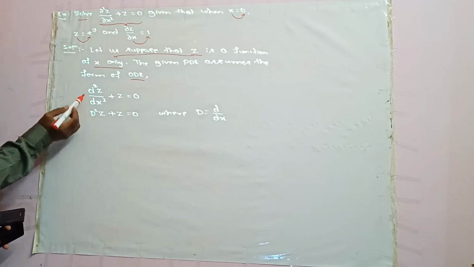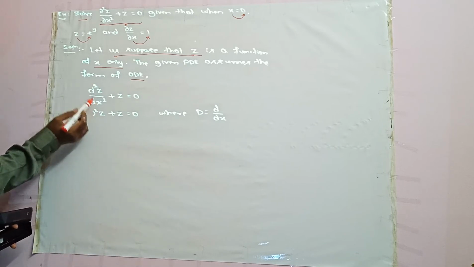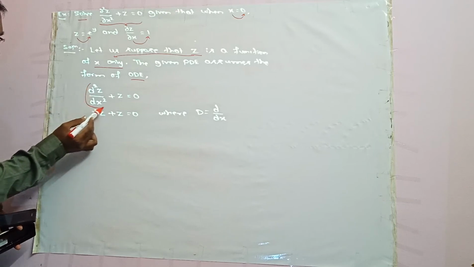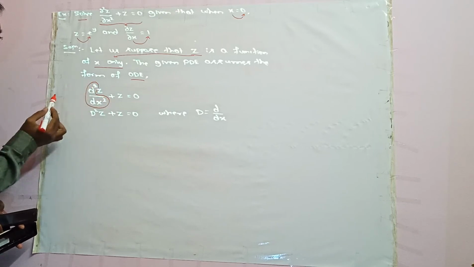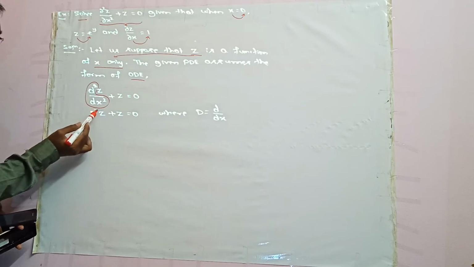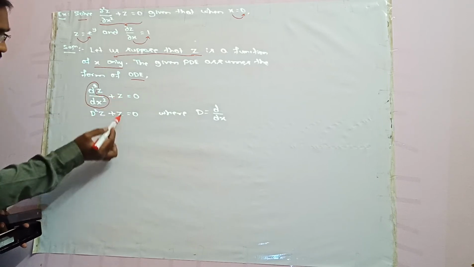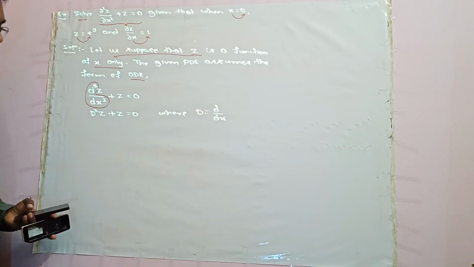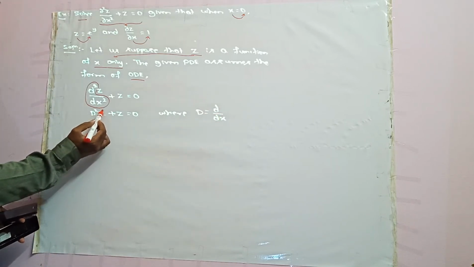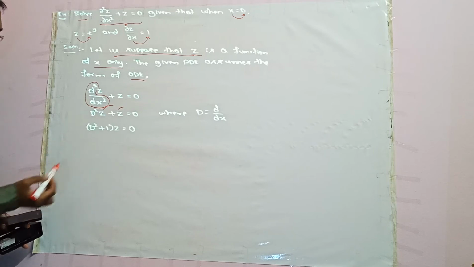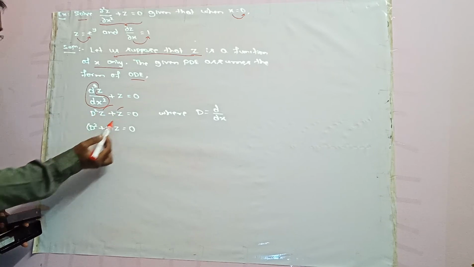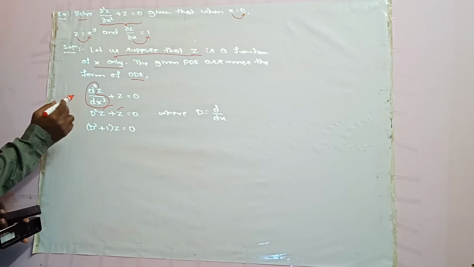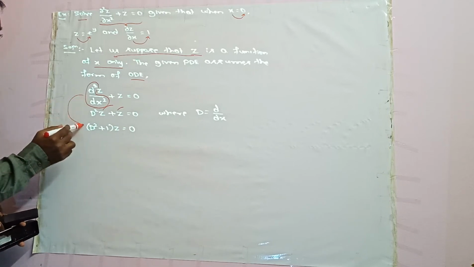And we can write this d²/dx² as capital D², so D²z plus z is equal to 0, where capital D is nothing but d/dx. Now z is common, we take z outside. What remains is (D² + 1)z is equal to 0. So we have rewritten this differential equation in this form.